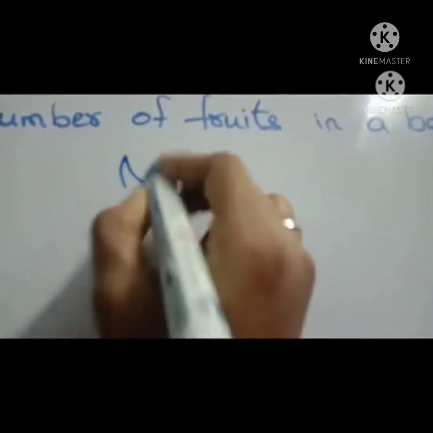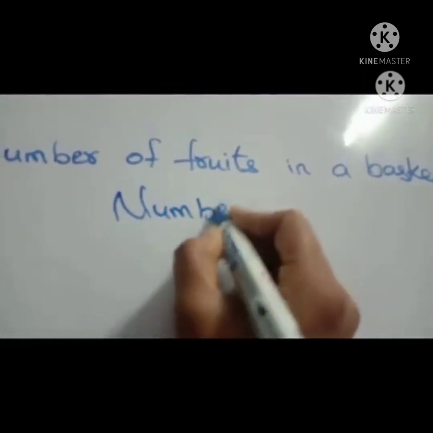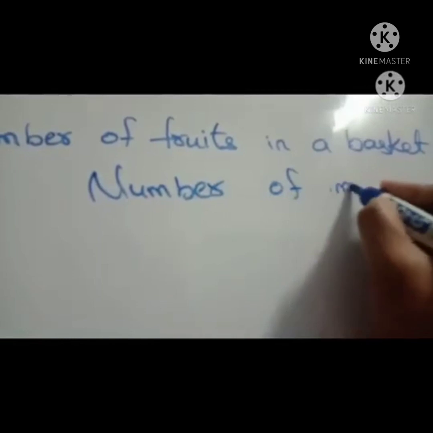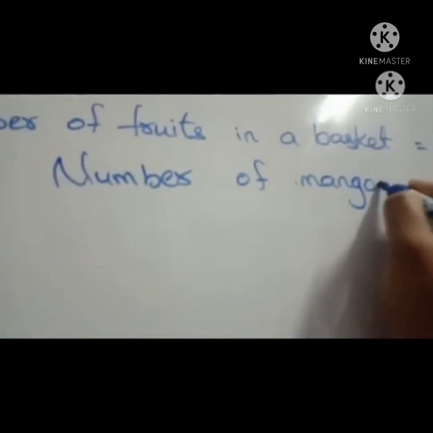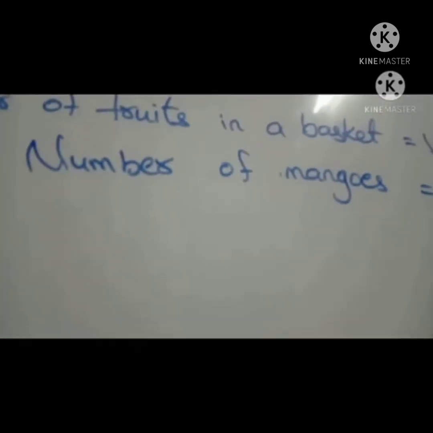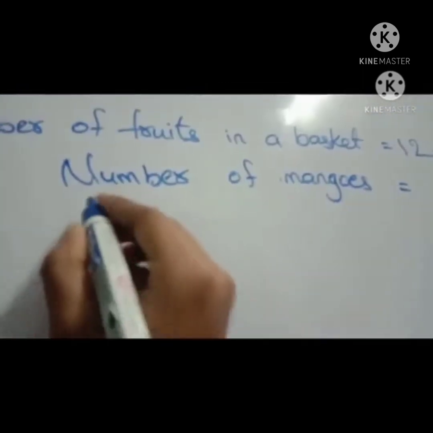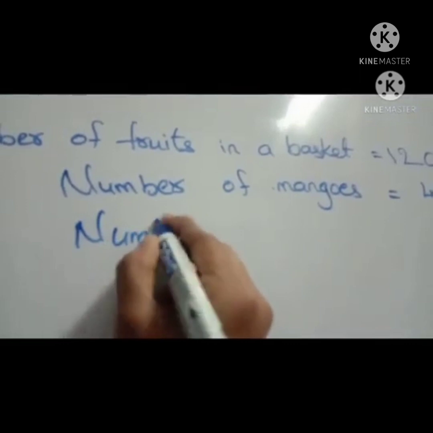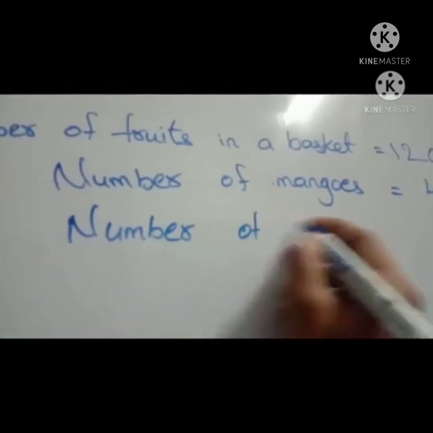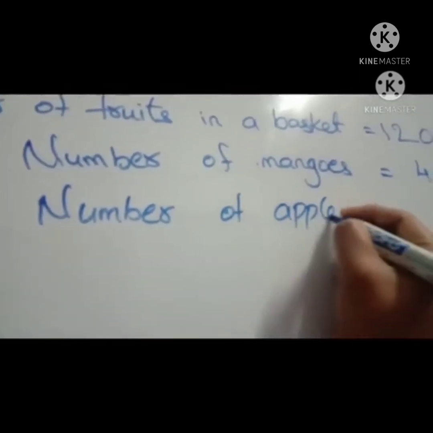Number of mangoes. How many mangoes are there? 40. So here what we have to find out? Number of apples.